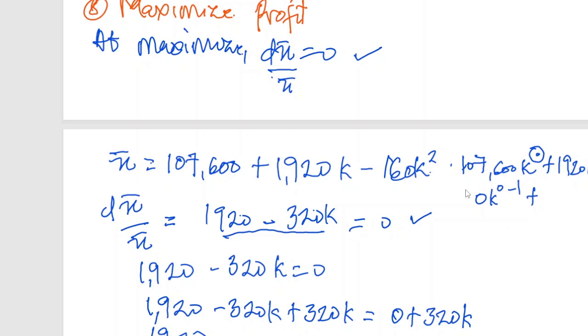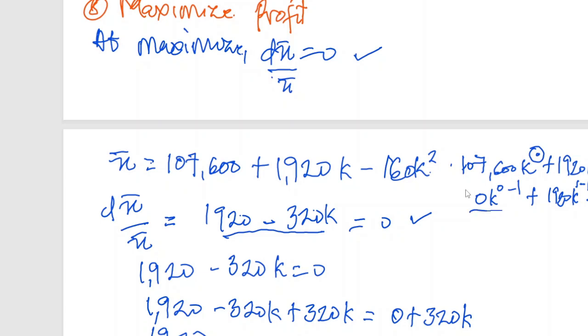Plus, the exponent of K here is 1, so that 1 will come and multiply 1920. So 1 times 1920 is 1920, K to the power 1 minus 1. Minus, the 2 at the top of K will come and multiply 160, so you get 320 K to the power 2 minus 1.